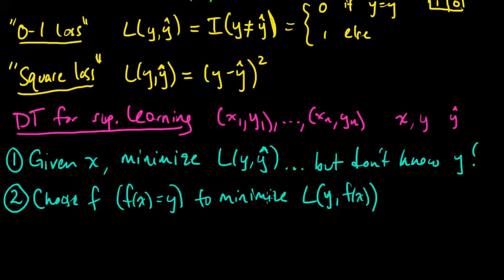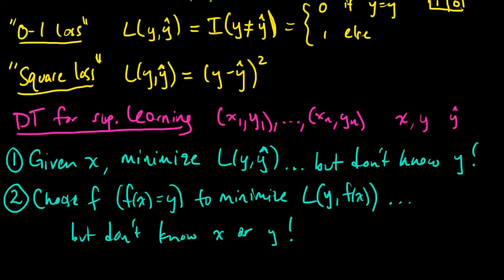So again, what does this really mean? Minimize this, but for what x's? Here we don't even know what x is going to be, or y. So if this one was ill-posed, this is, in some sense, even more ill-posed.